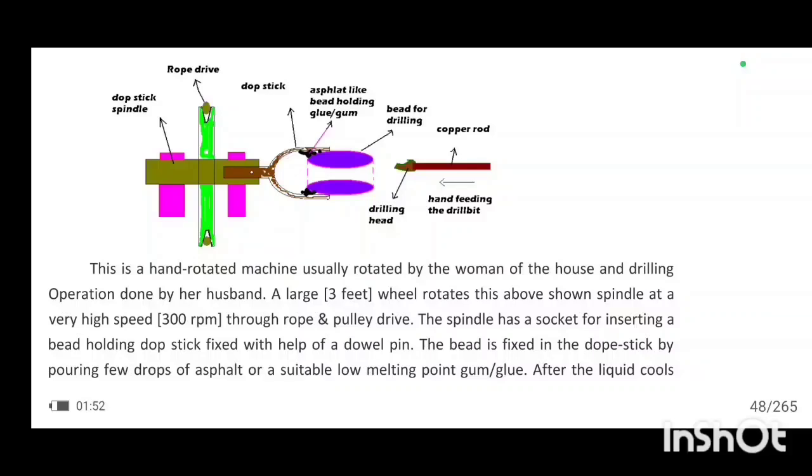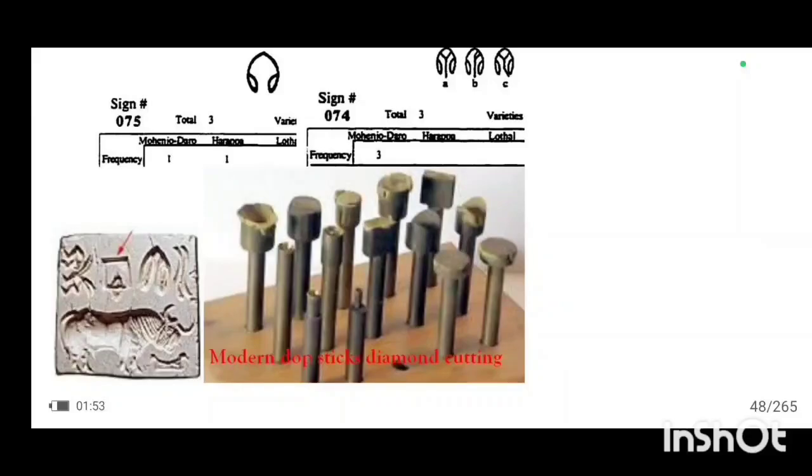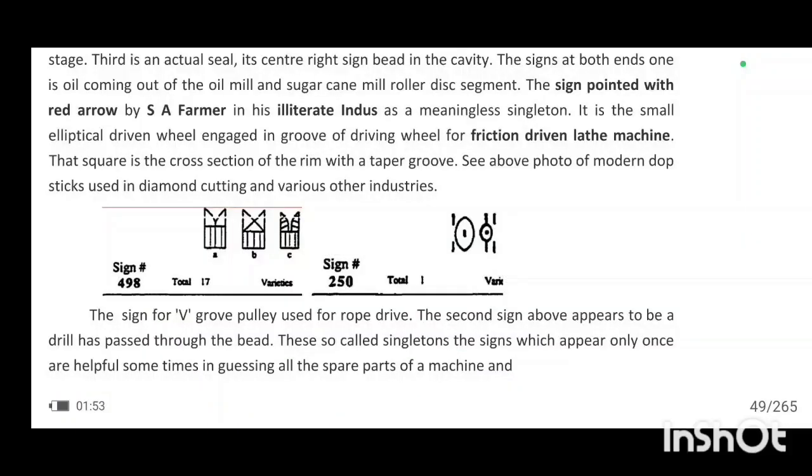The structure of placing that bead and the bead holder, dopsticks they are called, and a seal showing how the bead is held, the central symbol, and some more symbols arising out of that bead drilling machine.